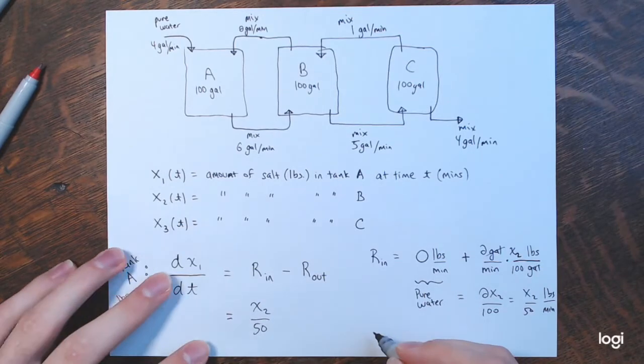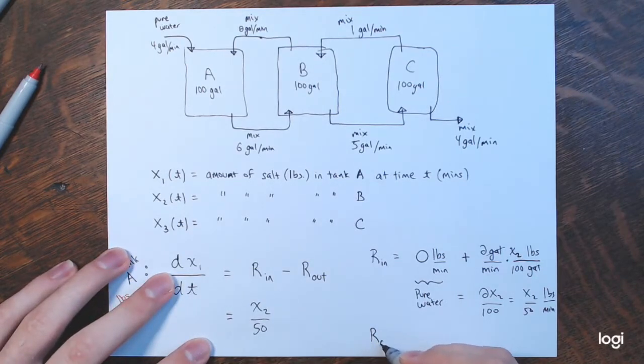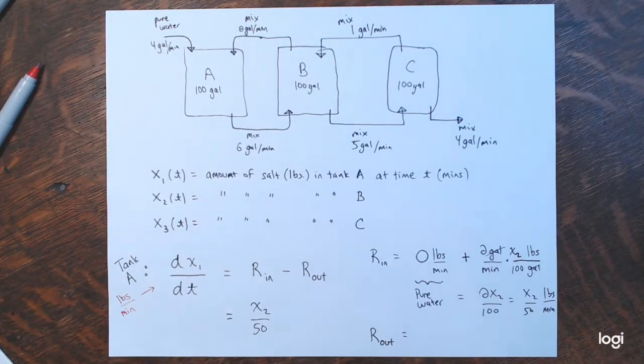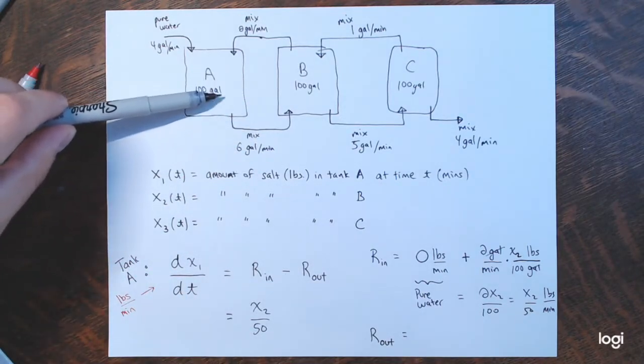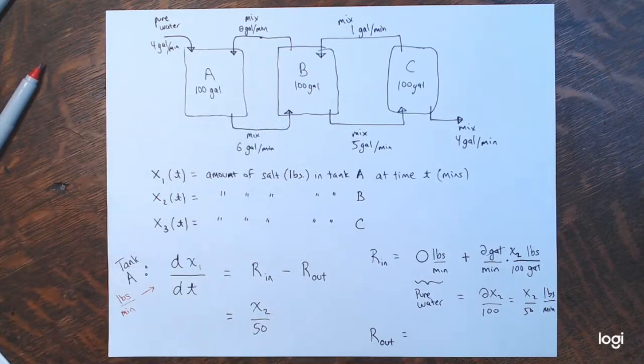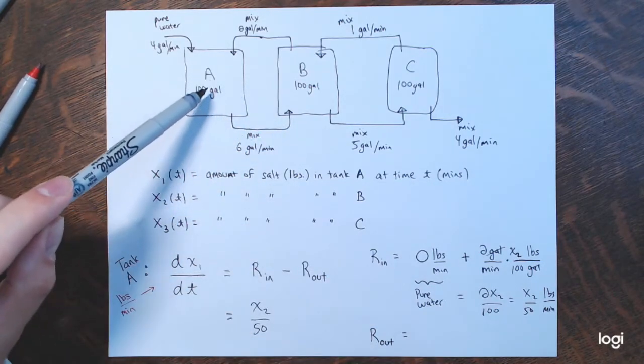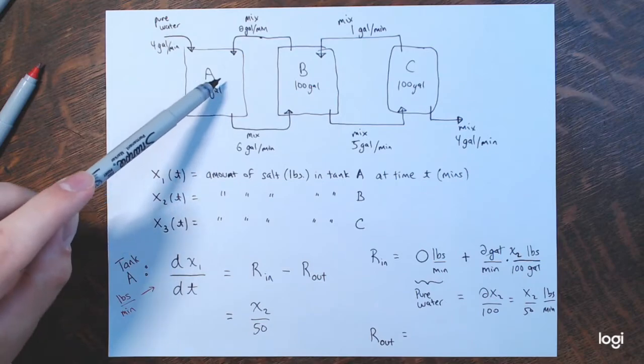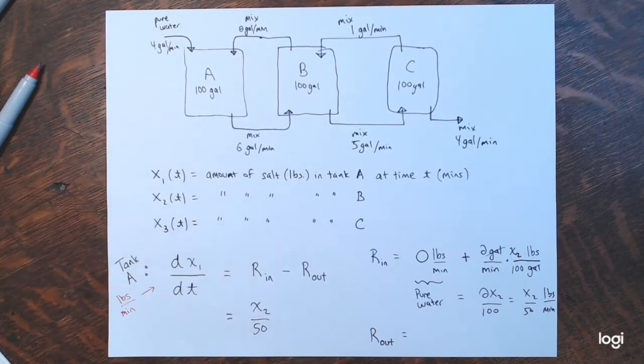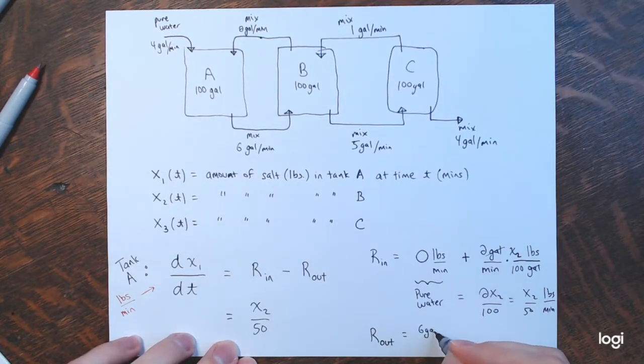All right, then the rate at which it's leaving the tank, R out. Look at the arrows coming out of it. Well, there's only one arrow coming out of tank A. So I need to know what concentration of salt is there in tank A. It's coming out at a rate of 6 gallons per minute, but I'm going to multiply that by the concentration of salt. How many pounds per gallon?